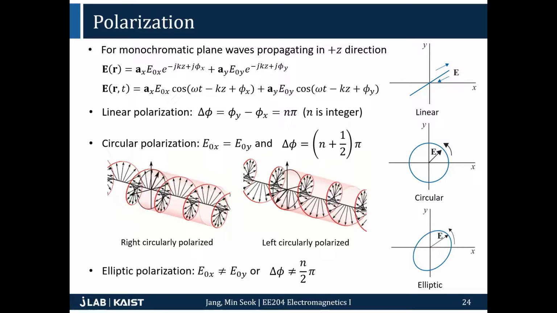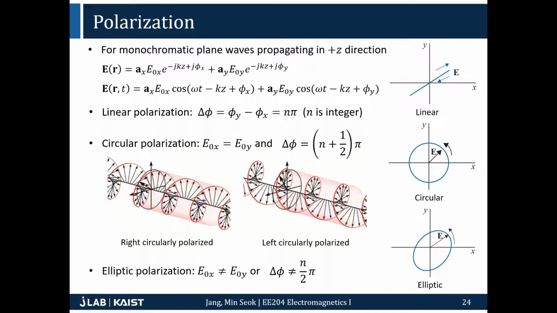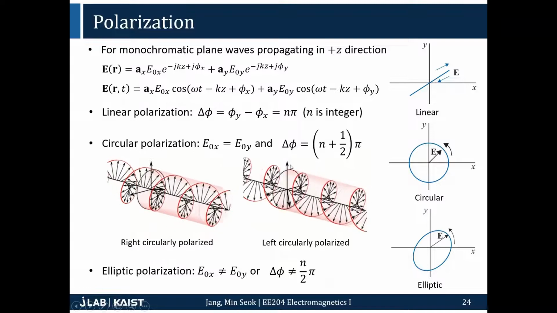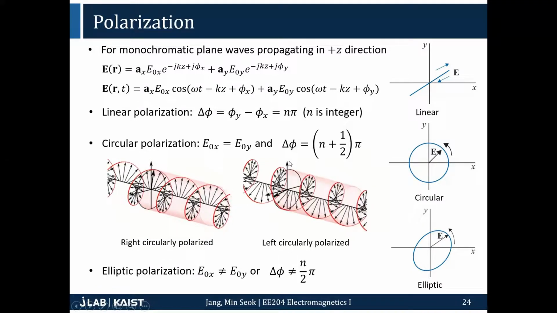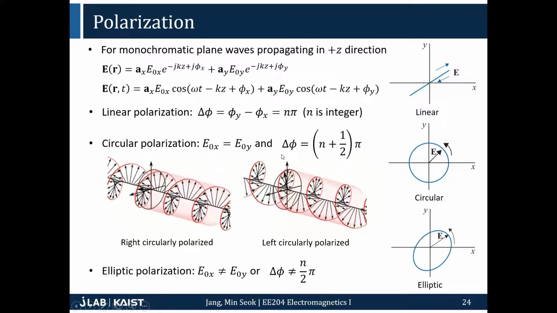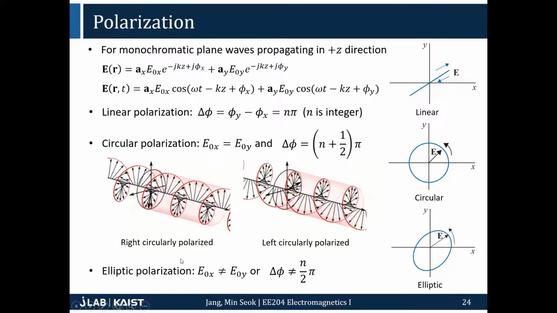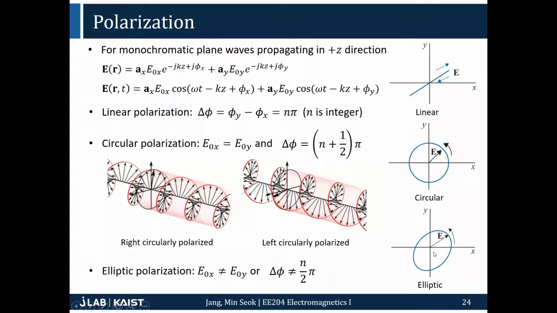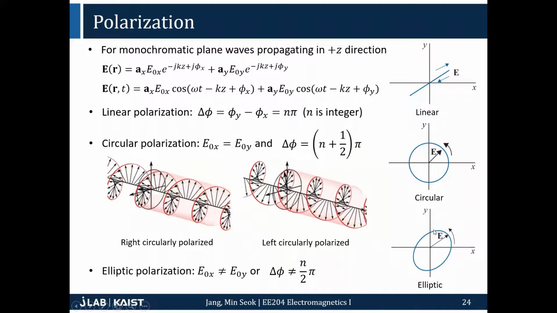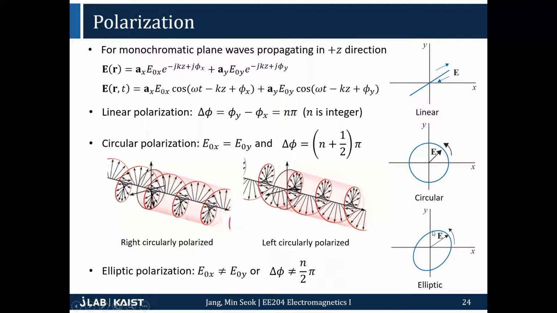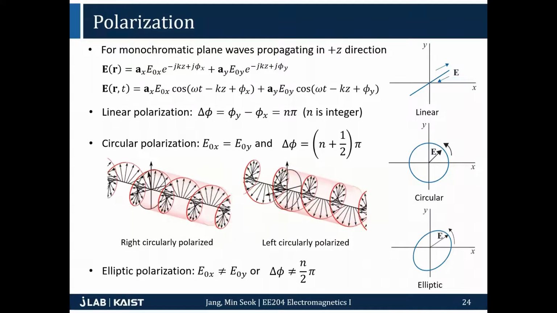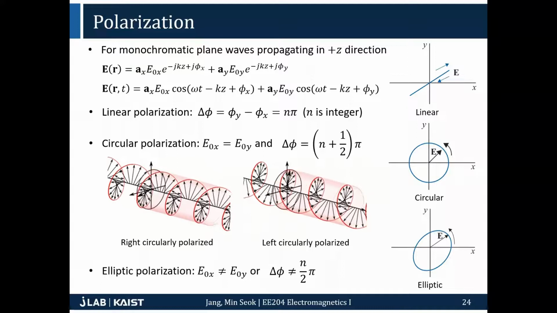It's a bit complicated, but polarization is one of the most important properties of light, an electromagnetic wave. And if none of these are true, then we call this an elliptical polarization. The tip is drawing some ellipse or even a more strange path on the plane.